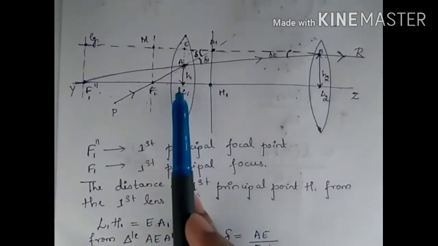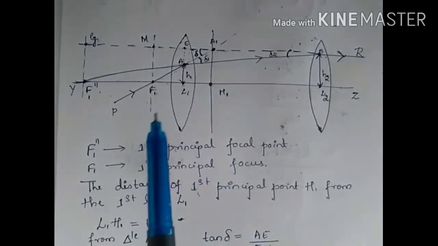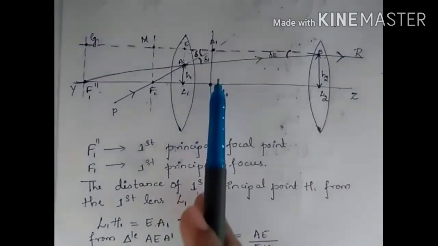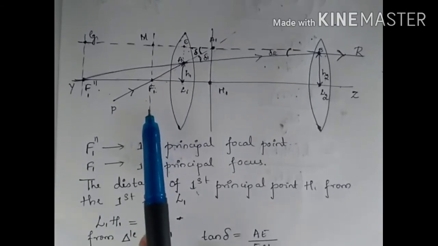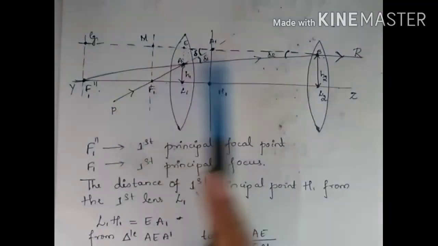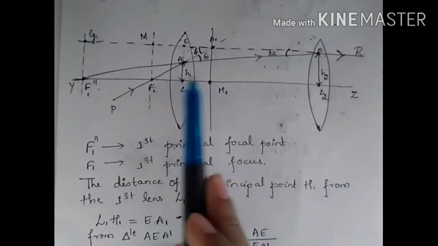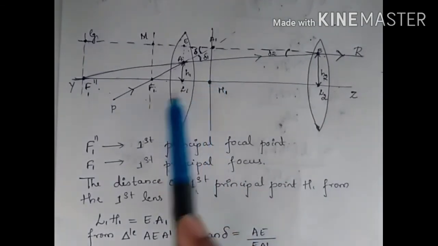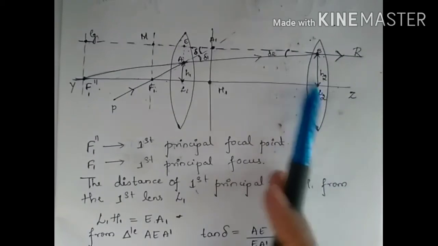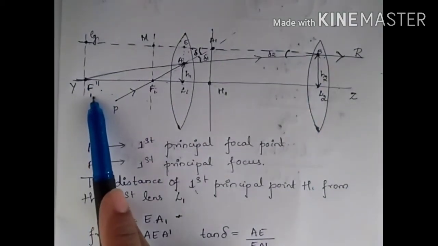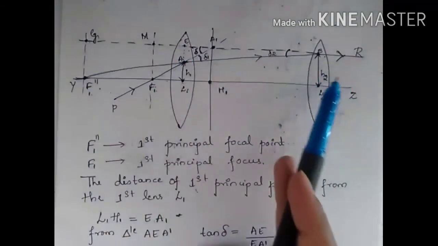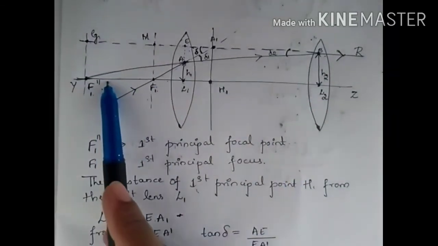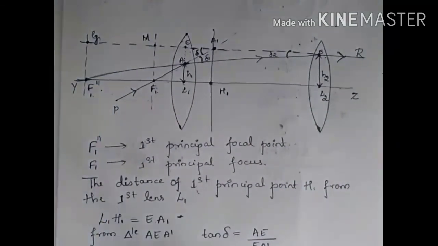H1F1 is F, the focal length of the combination of lenses, and L2F1 double prime is what? Focal point of the second lens. So that can be written as F2.